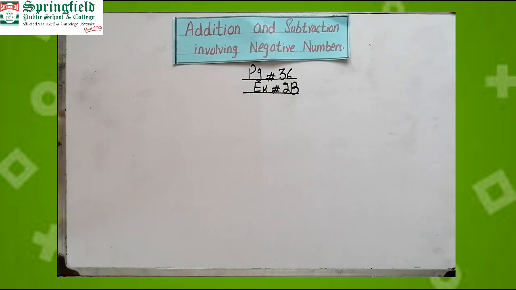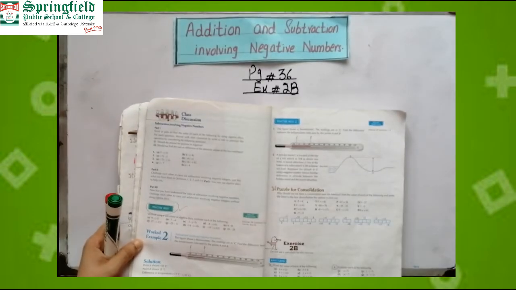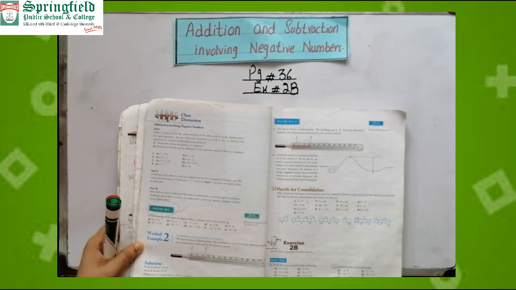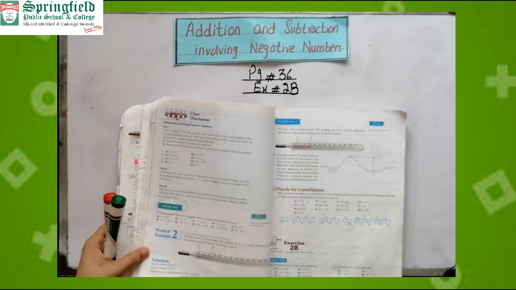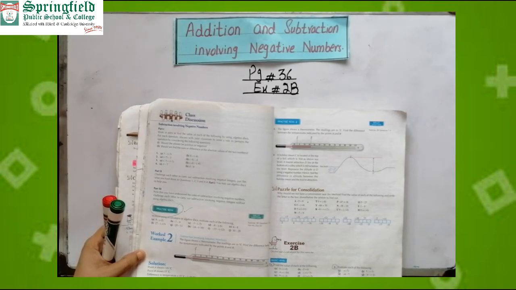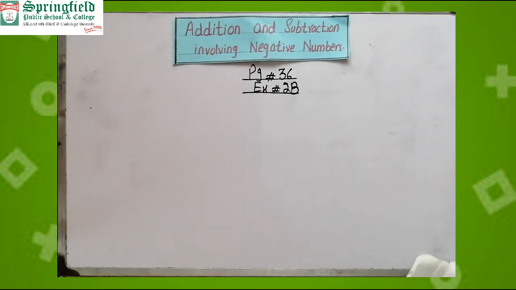Okay, question number 1. Question 1: find the value of each of the following. These are the questions. I will do them one by one, but I will solve only one part in each question, and the rest of the parts you will do yourself in your notebook. Fine? Okay, now part E of question 1.